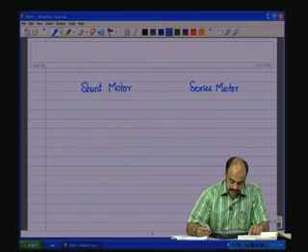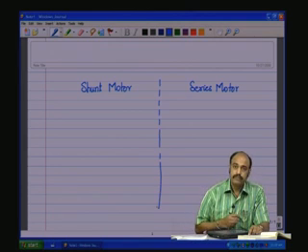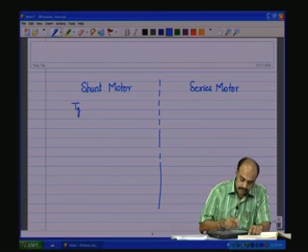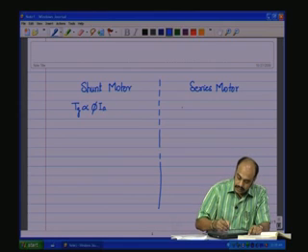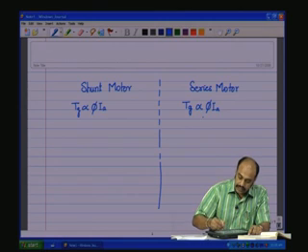If you look at the shunt motor, the generated torque Tg is proportional to the flux, the field or the excitation, into Ia. In the case of the series motor, the generated torque Tg is proportional to the flux into Ia, but the flux itself is proportional to Ia, and therefore you have it proportional to Ia square.